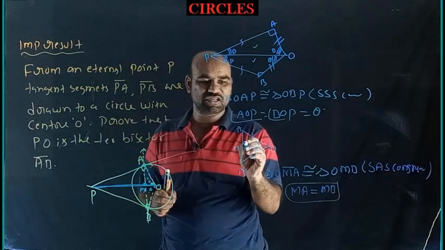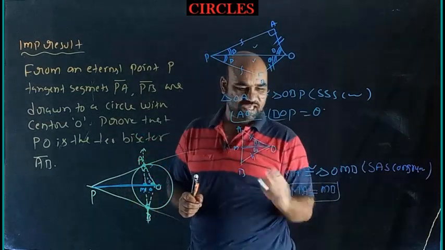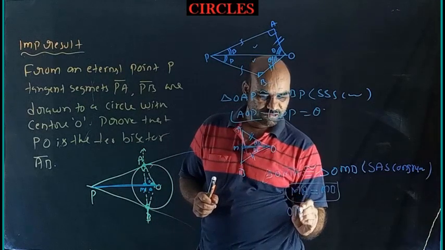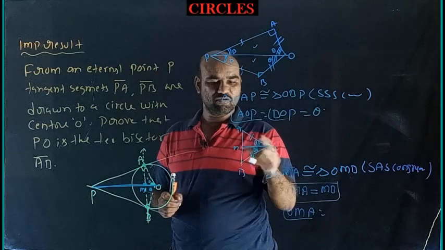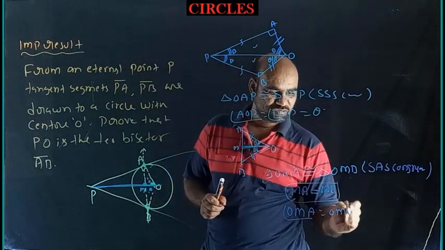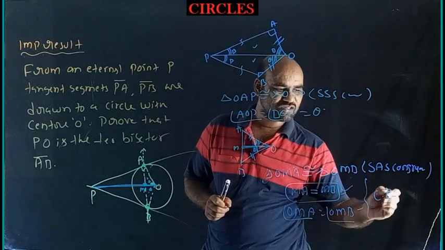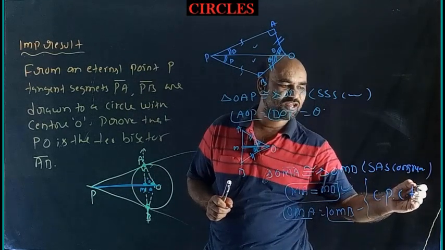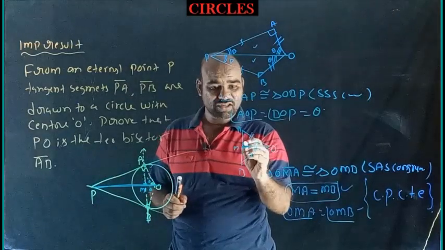What did you get? M is the midpoint of AB. Next, it is enough to show that this angle is 90 degrees. Next, angle OMA equal to angle OMB. What is the reason? Same reason, that is, corresponding parts of congruent triangles are equal. So what happened? I got these two angles are equal.